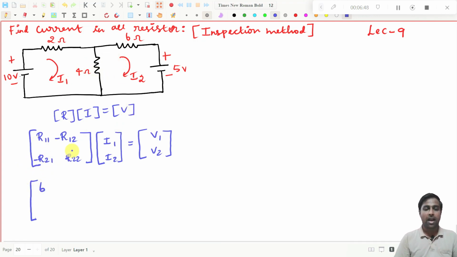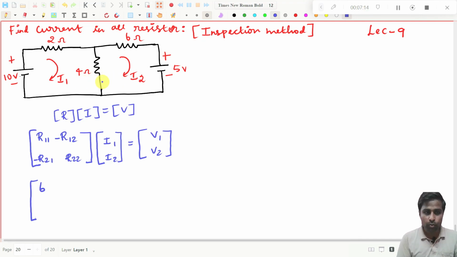Plus 6. And R12 means the common resistance between loop 1 and loop 2. You see, this is loop 1 and this is loop 2. This 4 ohms resistance comes under loop 1 as well as under loop 2. So this is the common resistance. This 4 ohms resistance is the common resistance.